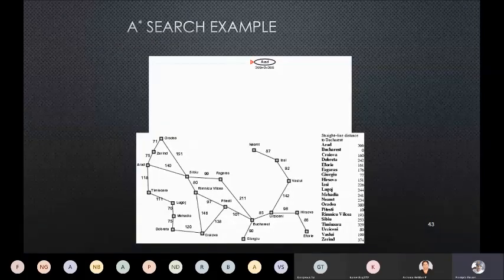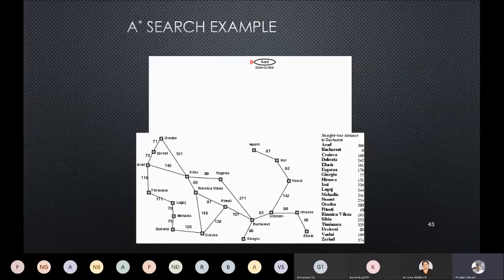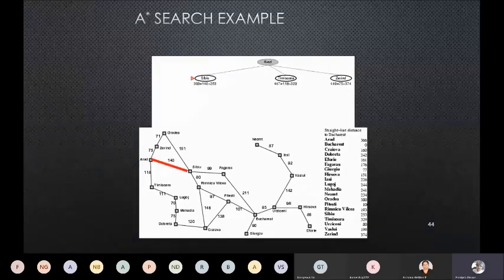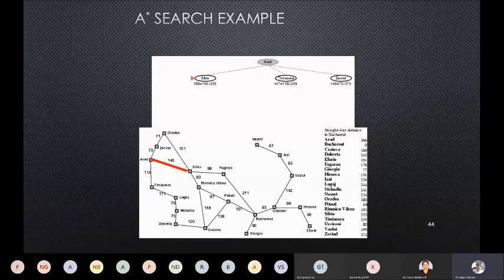So let us again look at this problem of reaching from Arad to Bucharest. So I am at Arad. So far I traveled 0 kilometers, and Bucharest is 366 kilometers away from Arad. So my total function value is 366. Next, from Arad I can go to three cities as before: Sibiu, Timisoara and Zerind.